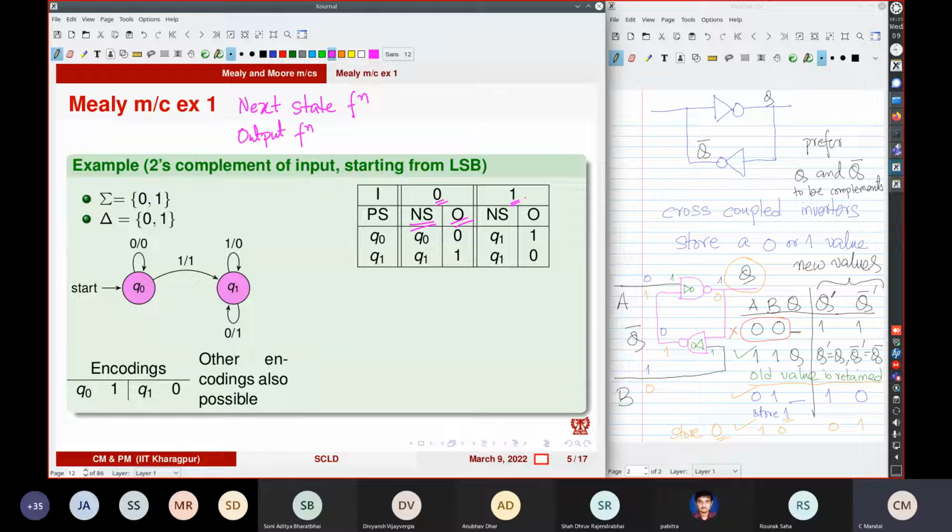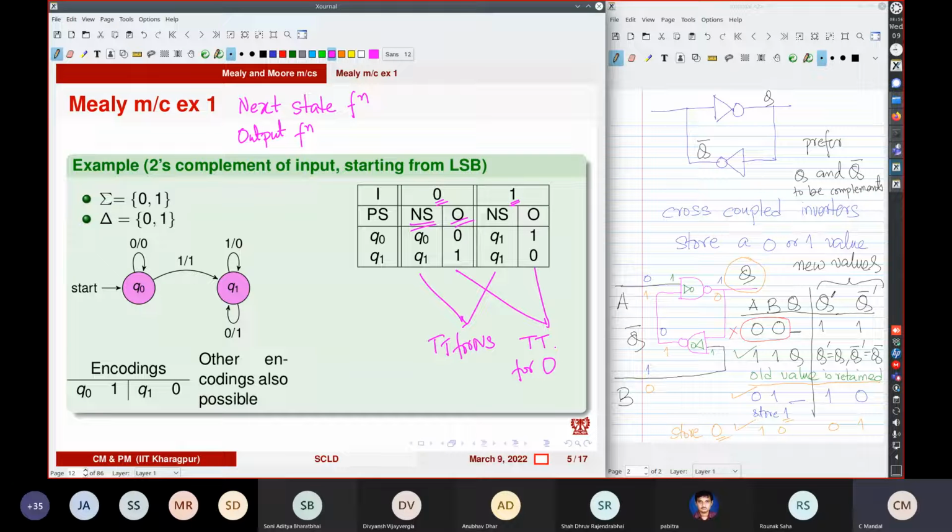So you essentially get two truth tables. One truth table for the next state function, by collecting this and this, you get the truth table for NS, and collecting this and this, you get the truth table for output.